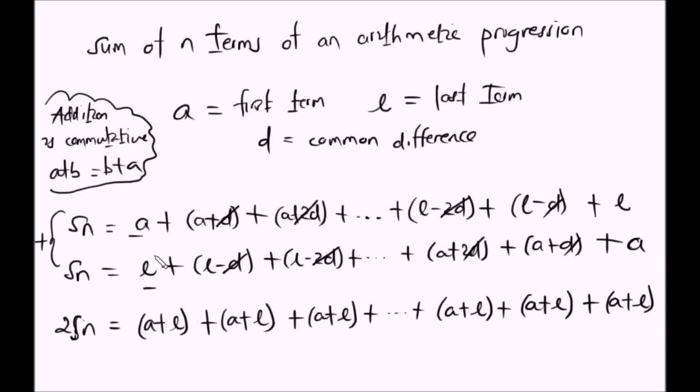Now how many terms are there? There are n. So how many of these A plus L are there? There are n of them. So this 2Sn will be n times A plus L. So we have seen that 2 times the sum of n terms in an arithmetic progression is equal to the number of terms times A, the first term, plus L, the last term.